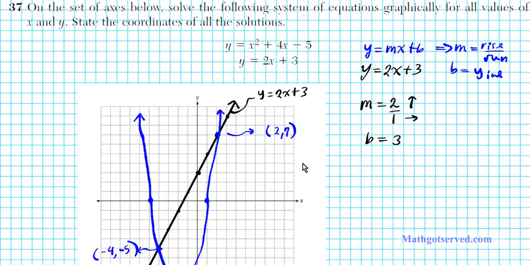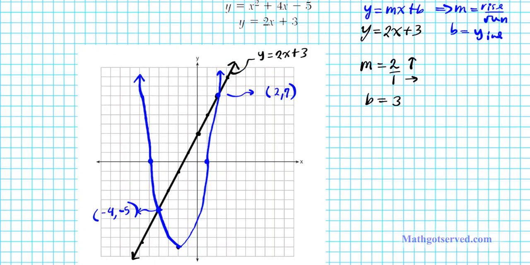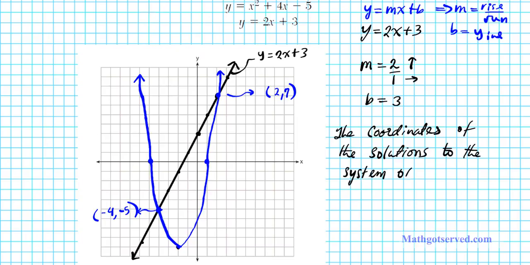All right, so it says we should state the coordinates of our solution. So let's go ahead and state the coordinates of our solution. So right on the side, the coordinates of the solutions to the system of equations are -4, -5.